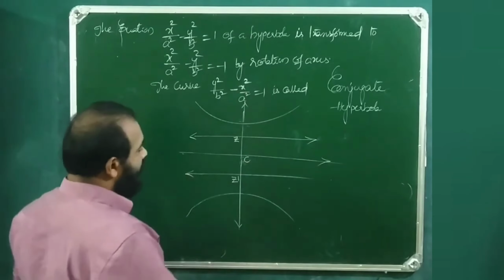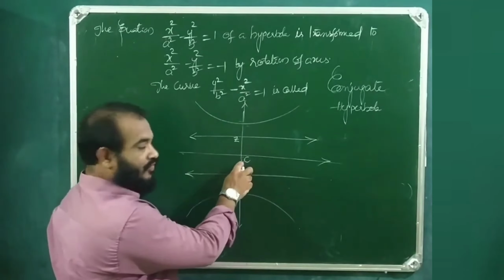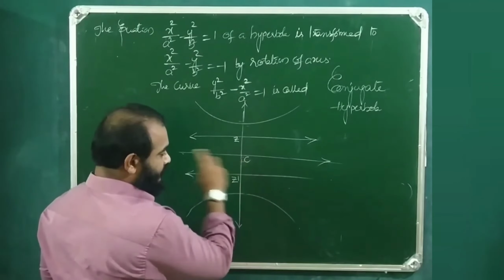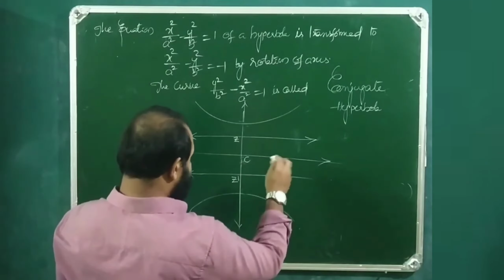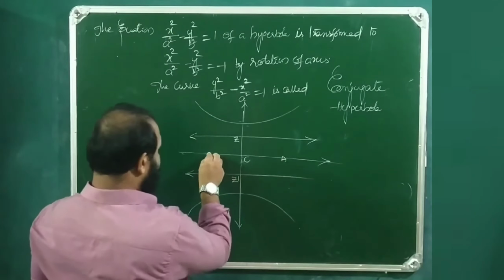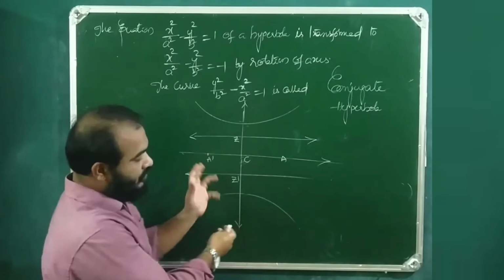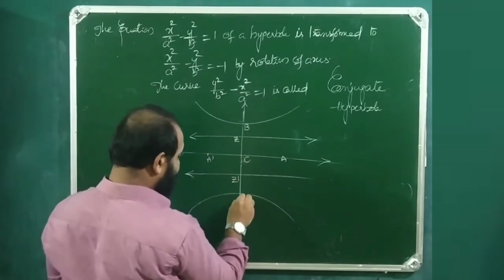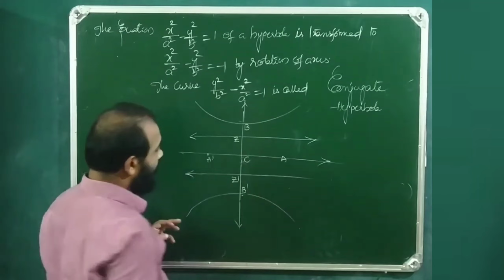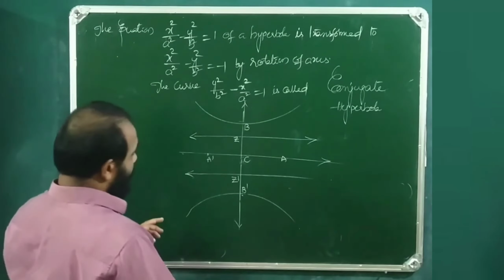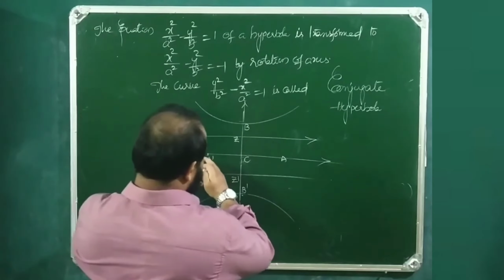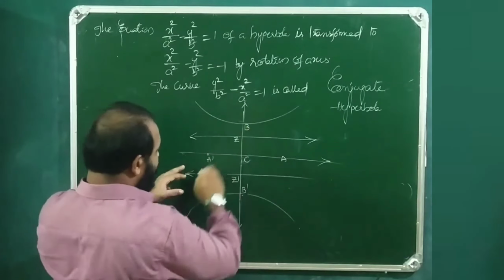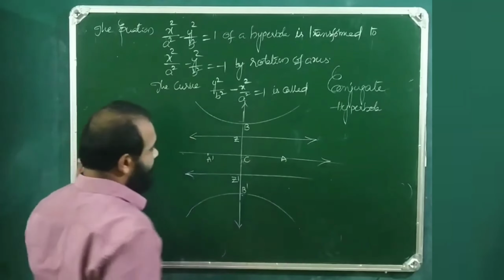Then the center is fixed, which is the origin. Earlier this was a dash, and now this is b dash. Now this is the transverse axis and this is the conjugate axis.